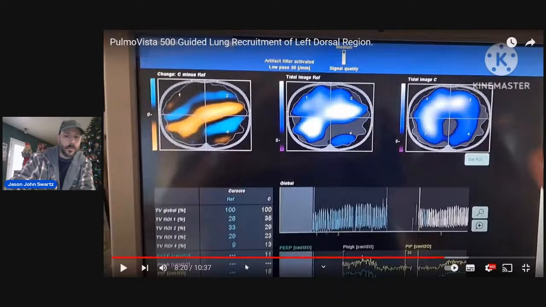But we did manage with the higher PEEP to open up region 4, and we see this over here. So what's all these colors over on the left side? Orange means a loss in distribution of ventilation compared to the reference. And this means a gain in the distribution of ventilation compared to the reference. Where's the reference?